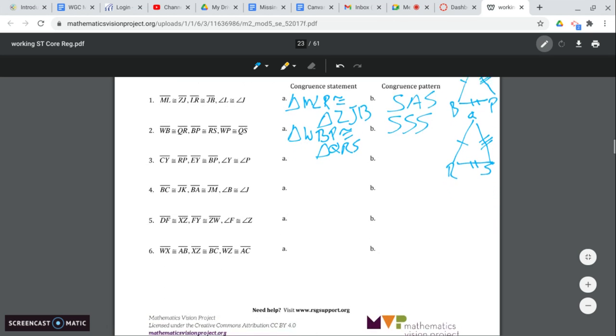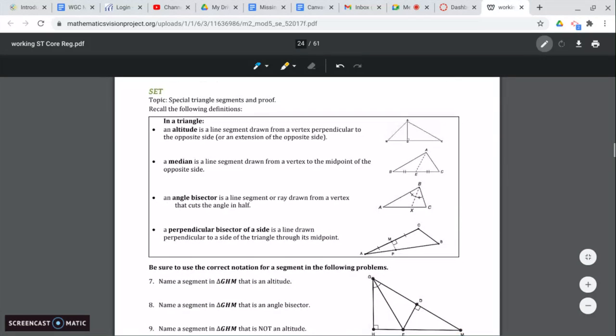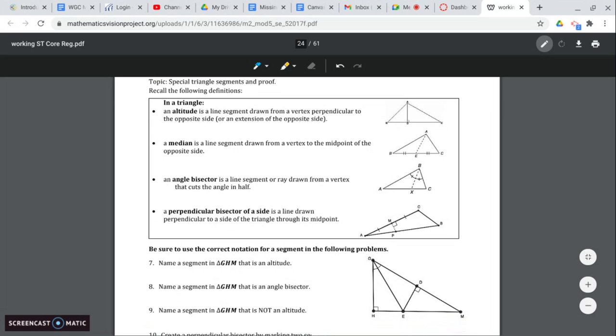All right. Our next section, we've got some special triangle segments and proof. So recall the following definitions. So in a triangle, an altitude is a line segment drawn from a vertex perpendicular to the opposite side or the extension of the opposite side, depending on what it looks like.